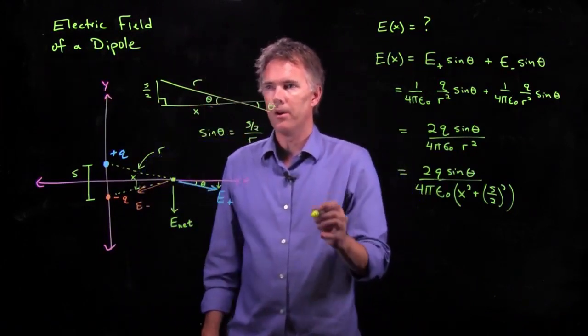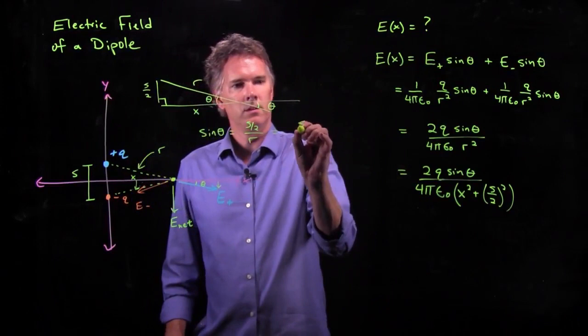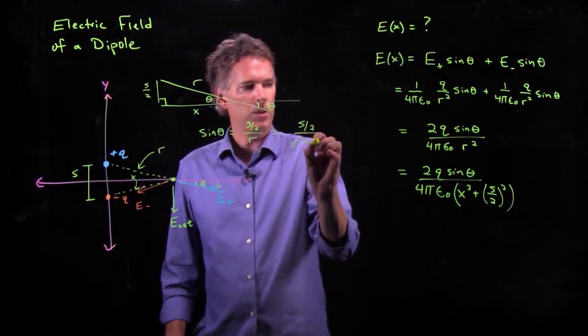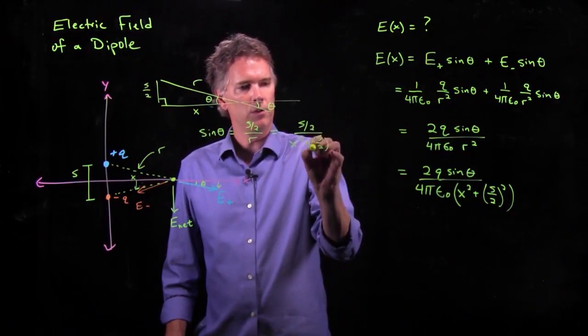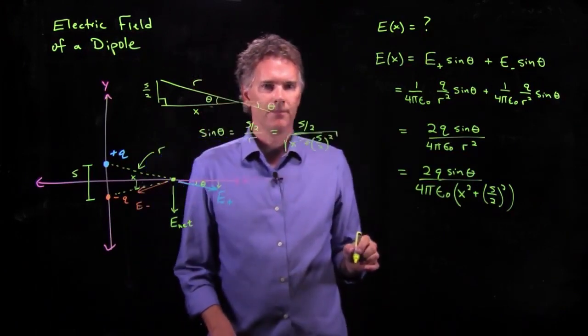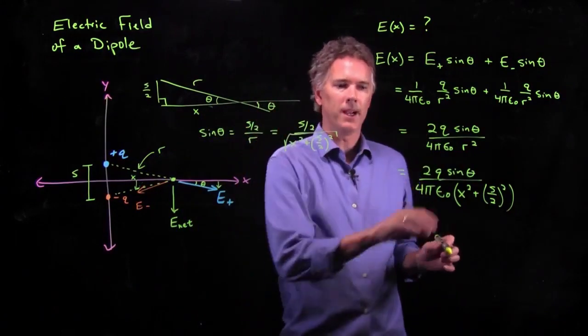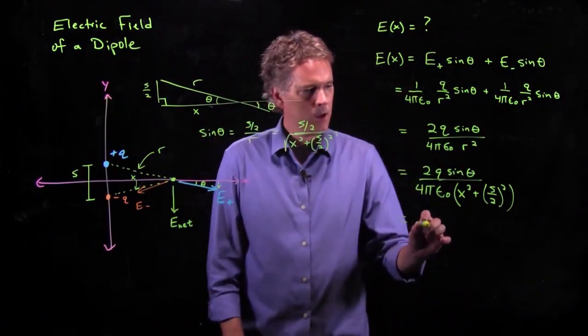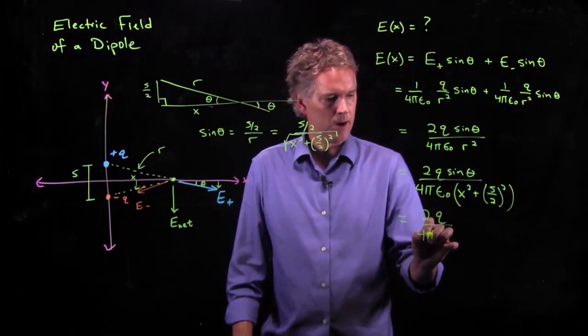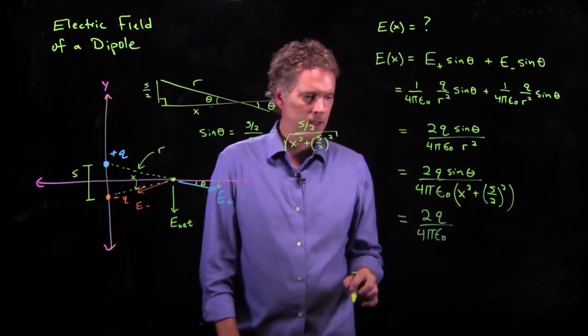And we know what r is. r is the square root of x squared plus s over 2 squared. So let's take this and put it all back into here. What do we get? We get 2q over 4 pi epsilon naught.